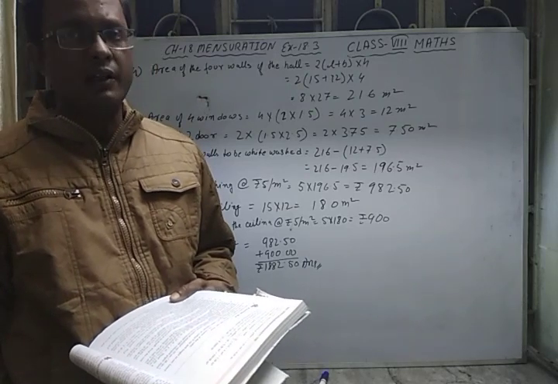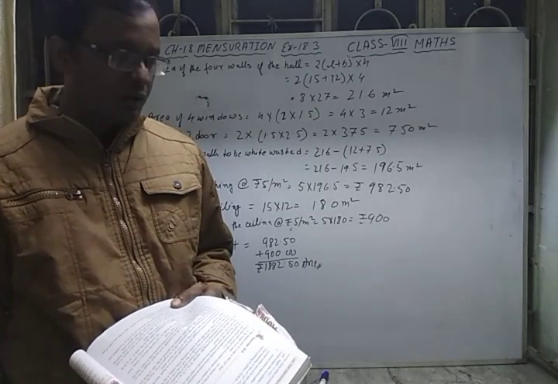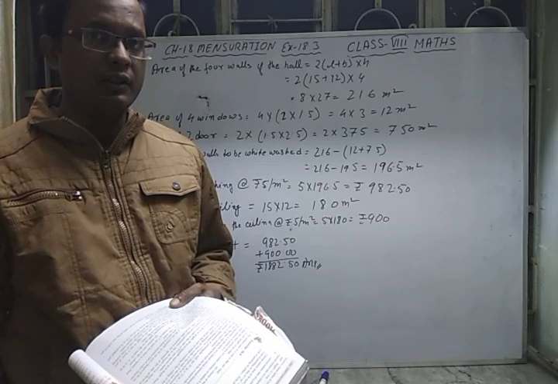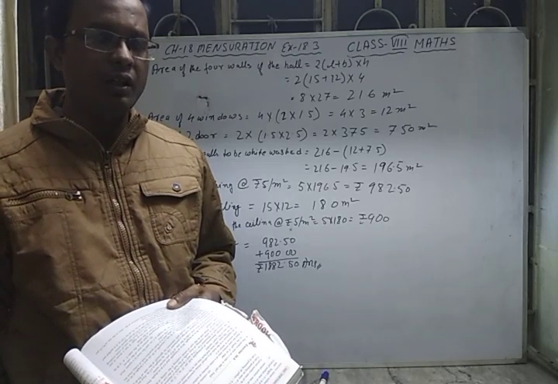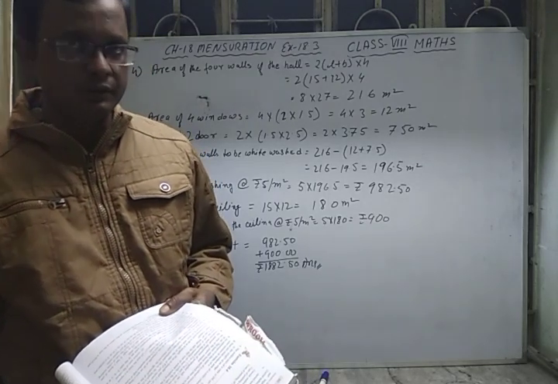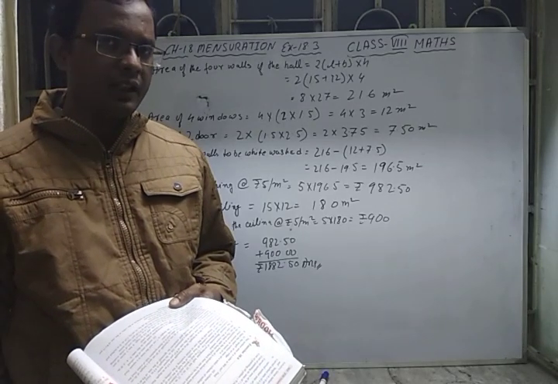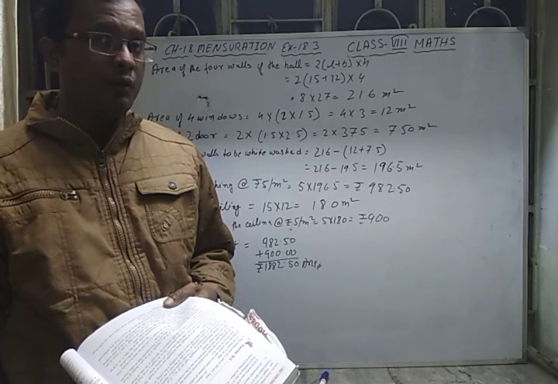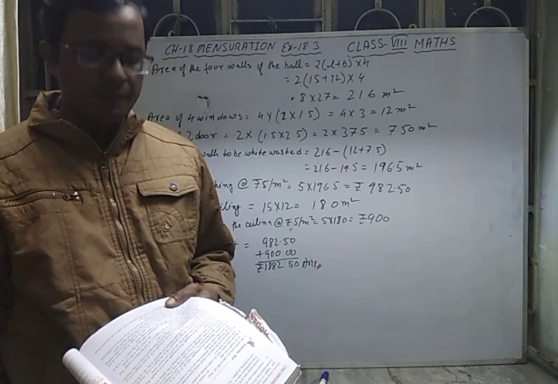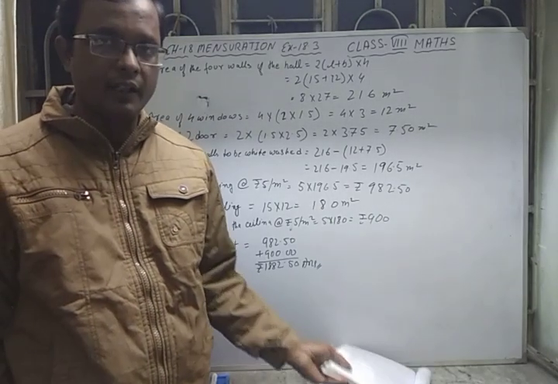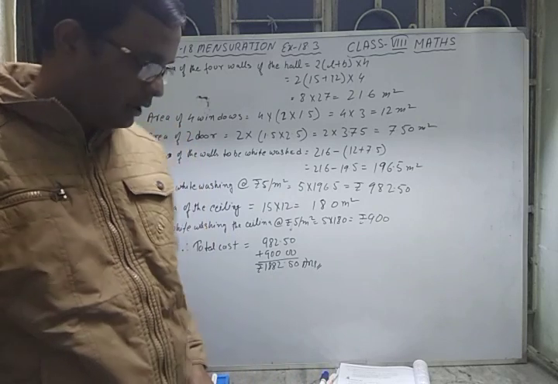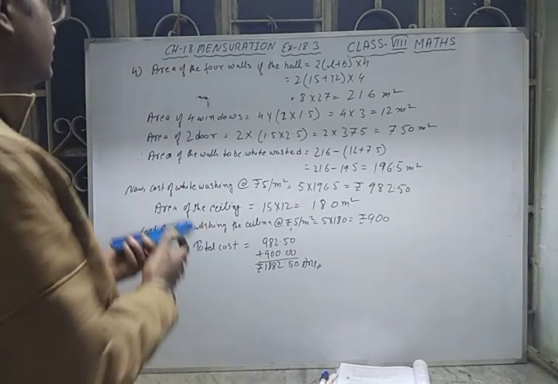Since the tank is not completely filled, the top layer of the water is not in touch. So the water is in touch with the base of the tank and the side walls of the tank. You just have to find that area and you will get the answer. So let us see how we have to do this question.